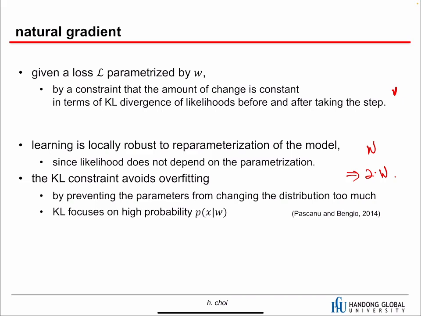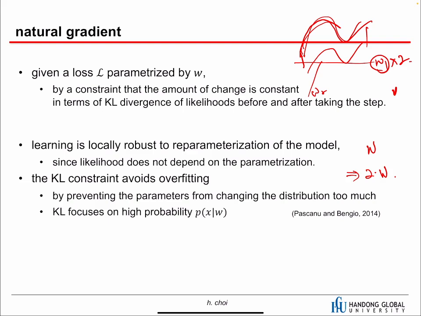But in the conventional gradient method, think about this one. With W1 and W2, if we change this W1, so if we multiply this W2, then we actually change the shape of this function. Then the steepest direction might change.